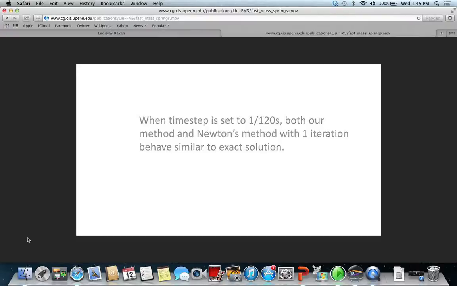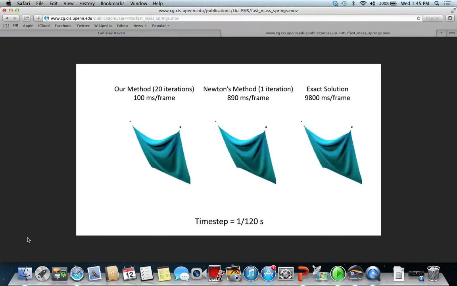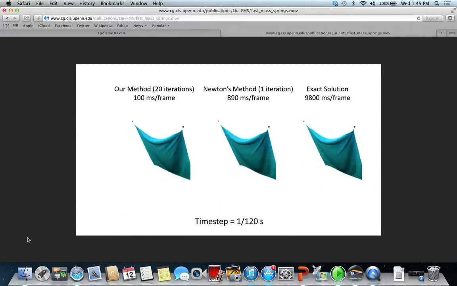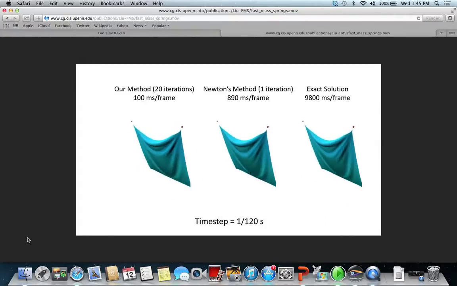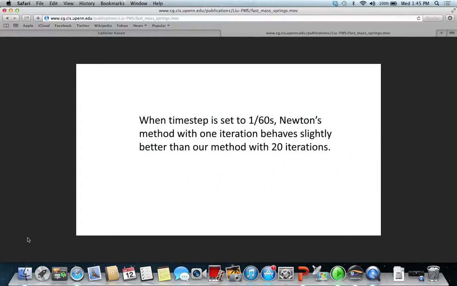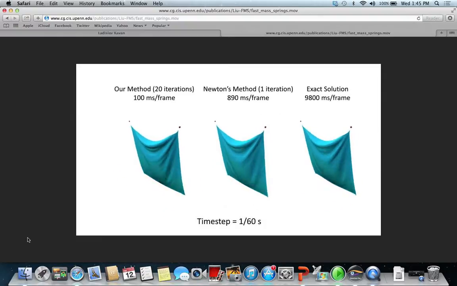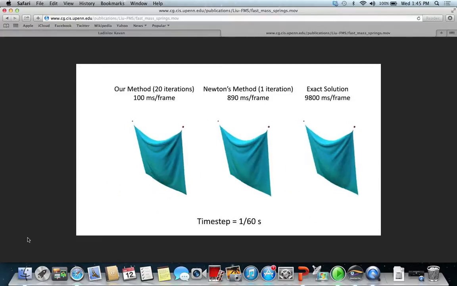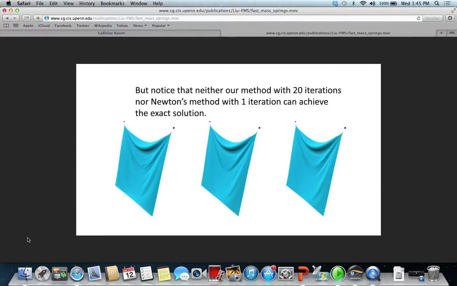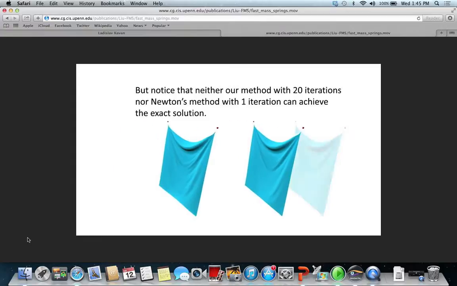It wasn't the first to use implicit integration, but still the most famous and most frequently cited one. If we compare, we can see that we get very good results by allowing fewer iterations, terminating early without converging to the exact result. It still gives us nice results.